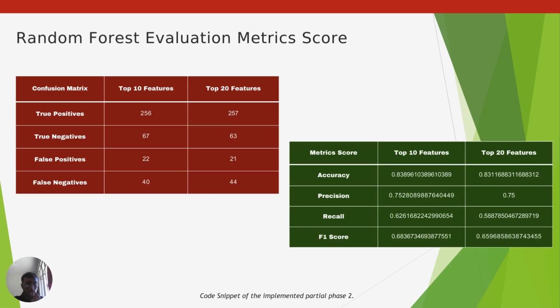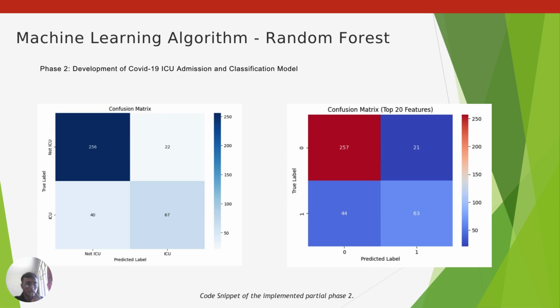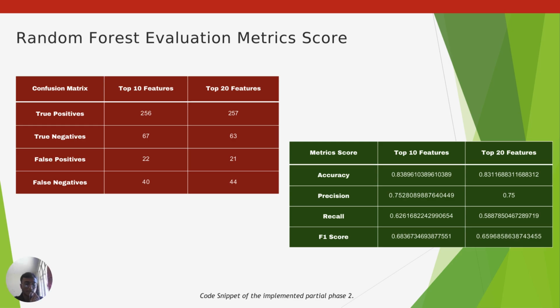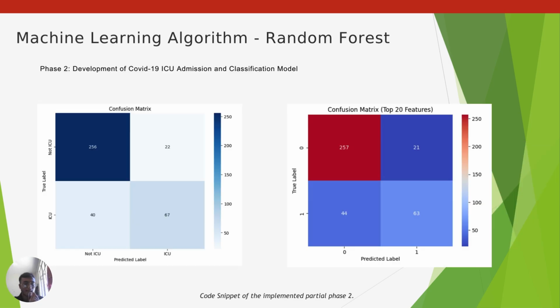As you can see, it is the same. The true negative is 67, and the false positive is 22. Why is it like that? Because it's a matrix.